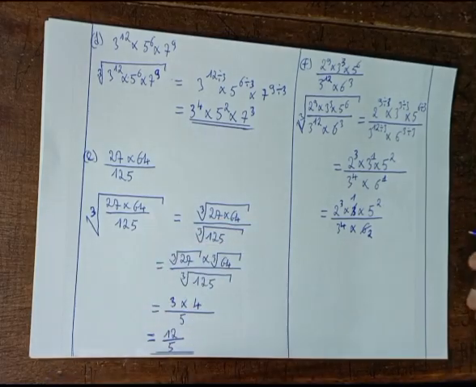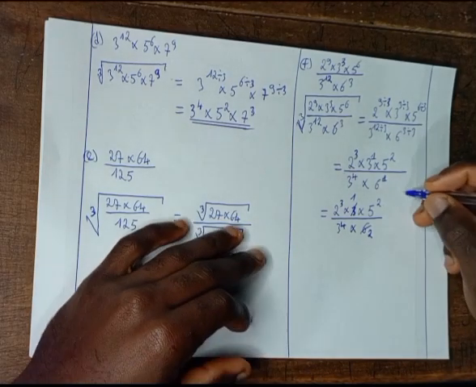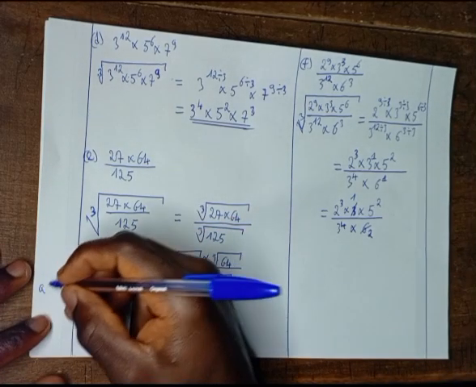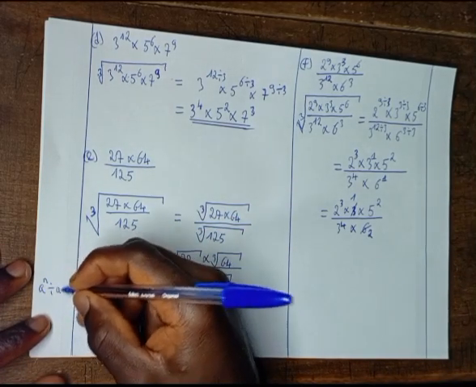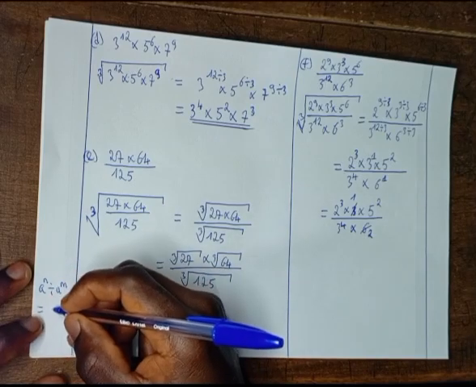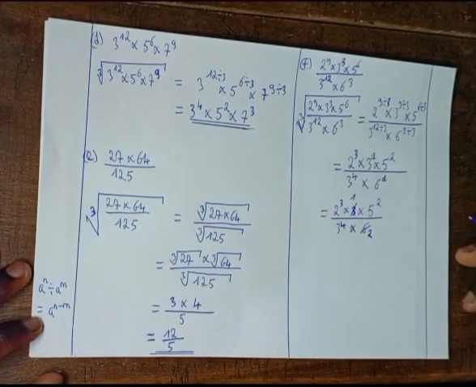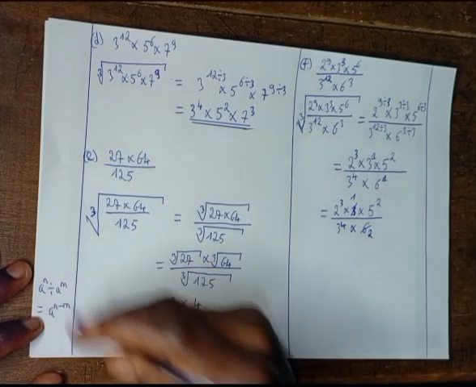So now we can apply the laws of powers. Remember, we saw that if we are to divide two numbers in index form as such, a to the power n divided by a to the power m is simply equal to a raised to the power n minus m. So we are going to apply our knowledge here, our knowledge of powers.